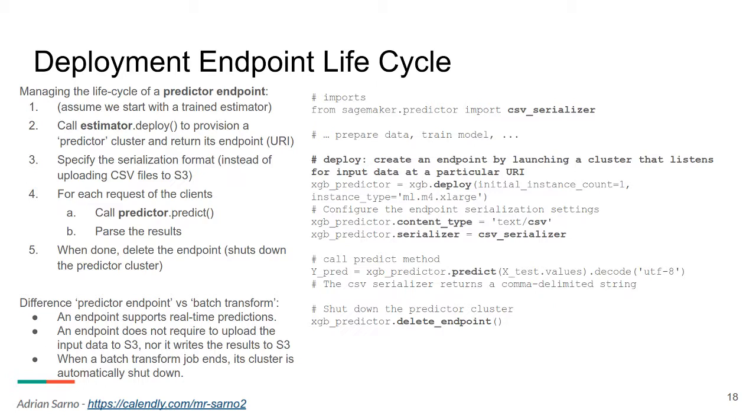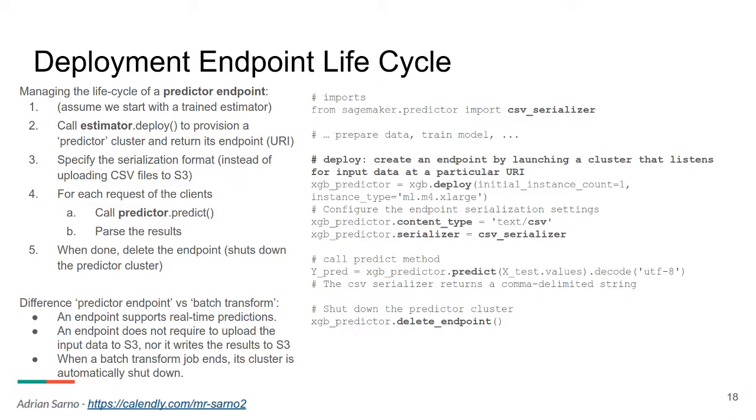To manage the life cycle, what you usually do is call estimator deploy, and that provisions the cluster, and then you have to specify the serialization type of your data. You are going to be sending data over the internet, so this is not a CSV file on S3. This is just a packet that comes over the internet with JSON inside, probably, or here you're going to specify the format.